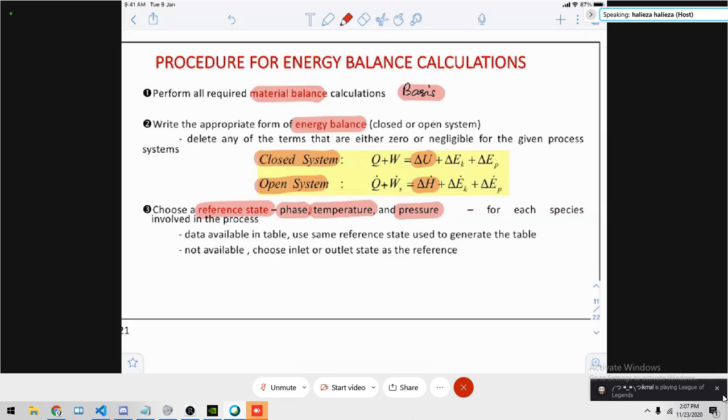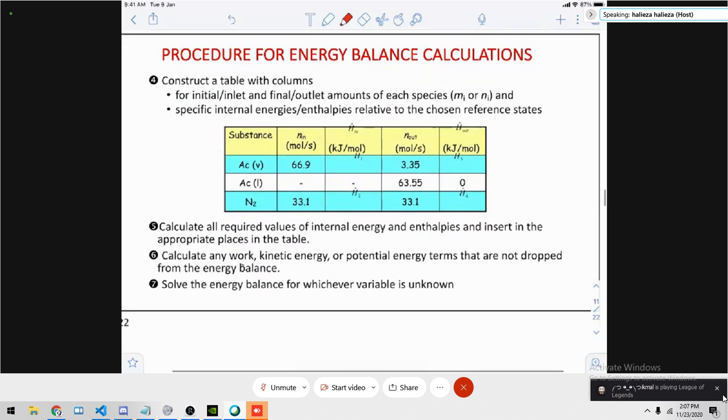Normally, I did mention this yesterday, if you have a table that you can get your data from, then your reference state must be the same as that table. But if it's not available, you have a choice of either using the inlet or the outlet condition as your reference state.